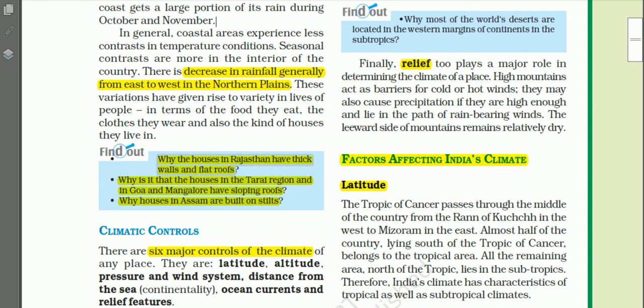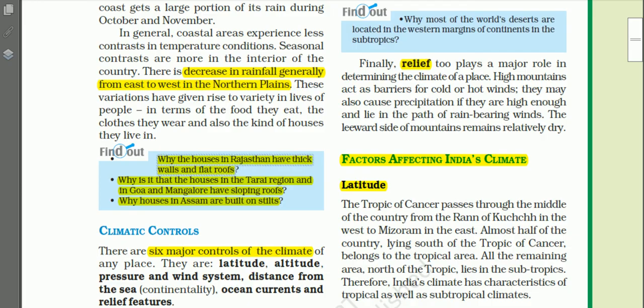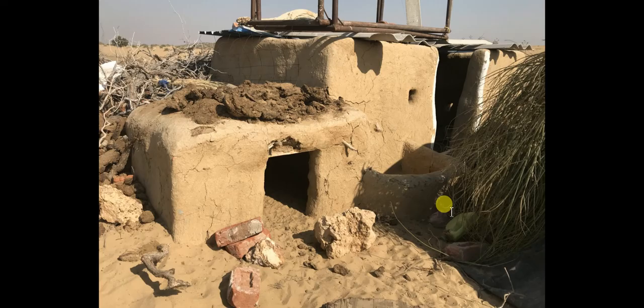Okay, we have another photograph also, in the western part of Rajasthan. Not only the houses, even the animal sheds also have very thick walls. Can you tell me why?